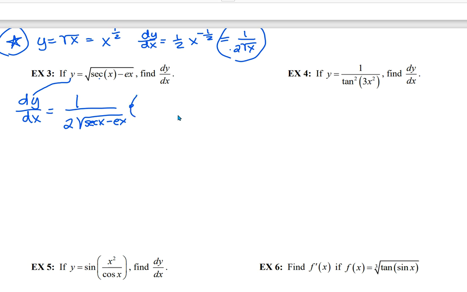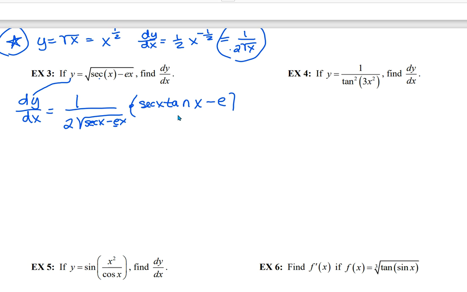So since there are 2 terms, I'm going to put a parenthesis, and it's going to be secant of x times the tangent of x for that first term. Okay, it is what it is. And then minus, if you notice here, e is an irrational number, and x, so this is actually a linear function. So when you take its derivative, it's just that slope. And so there you have it.